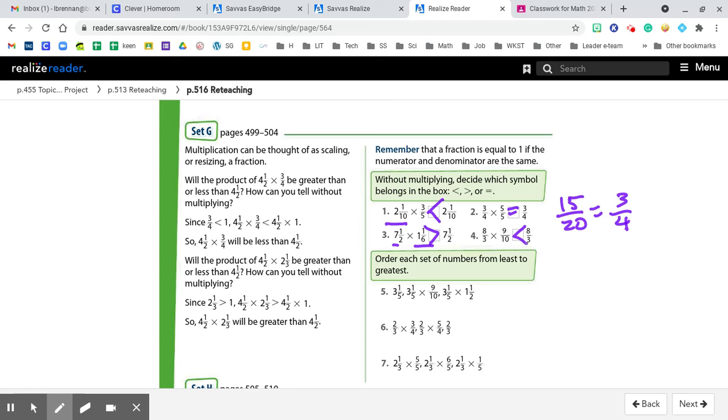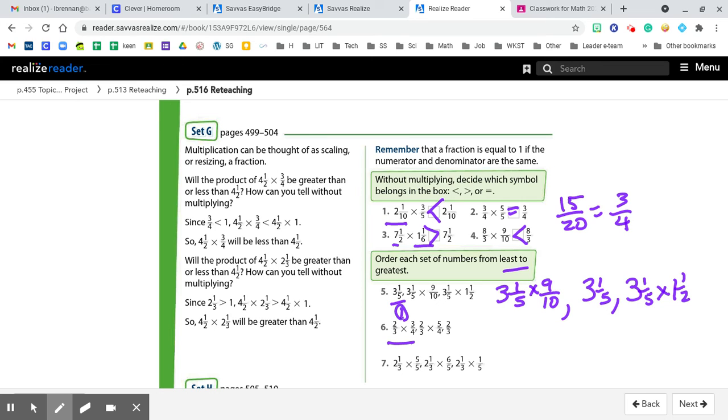We'll put them in order, from least to greatest. So what is the smallest value? Well, 3 and 1/5 is by itself. 3 and 1/5 times 9/10 is the smallest. Then the next one would be 3 and 1/5. And the next one would be 3 and 1/5 times 1 and 1/2, because that will be greater than 3 and 1/5. And for number 6, the smallest value will be a fraction times a fraction.